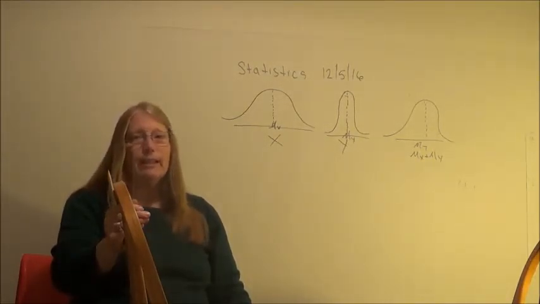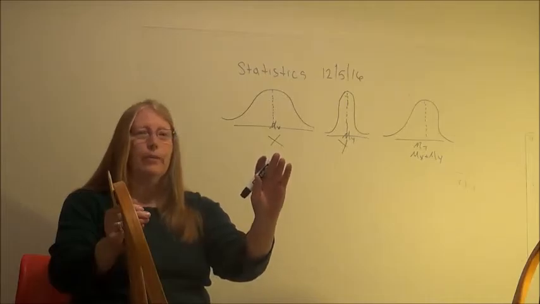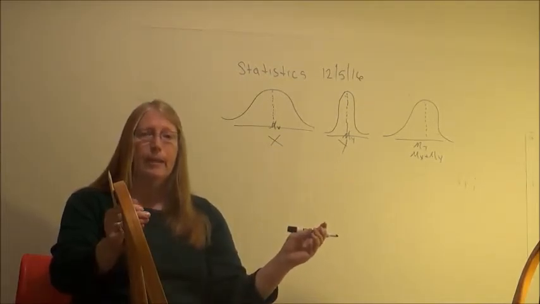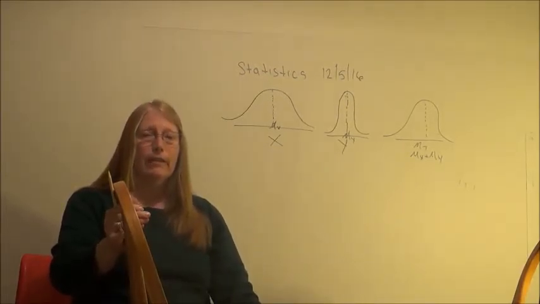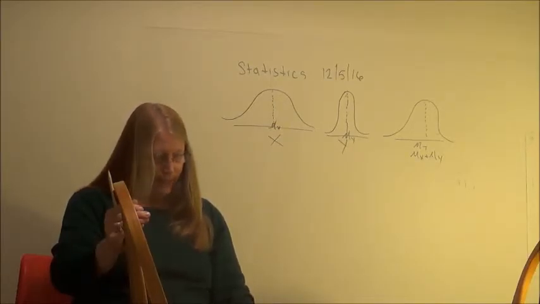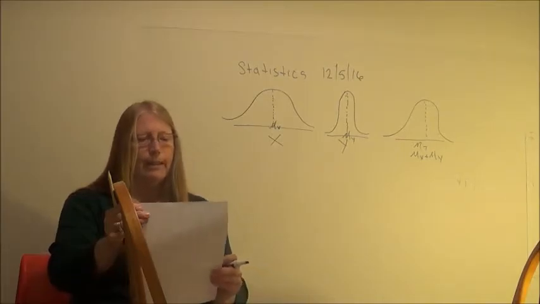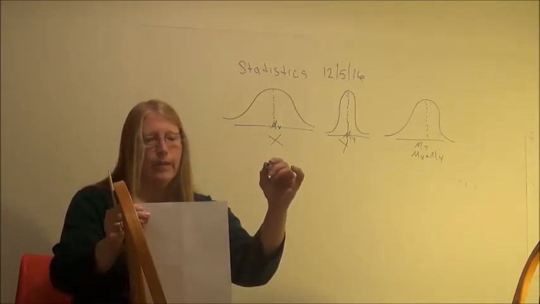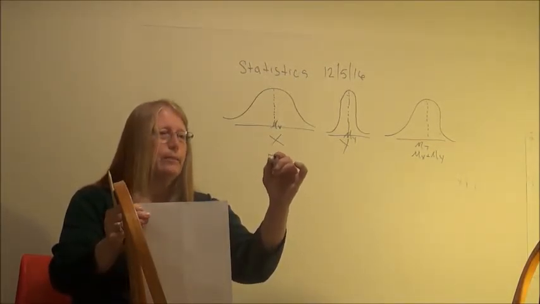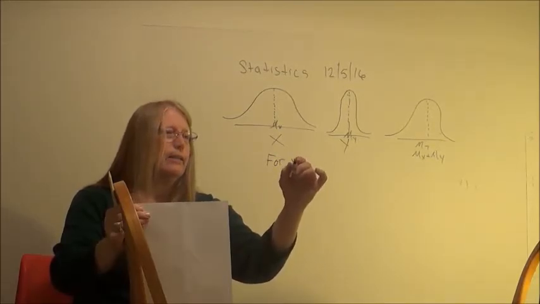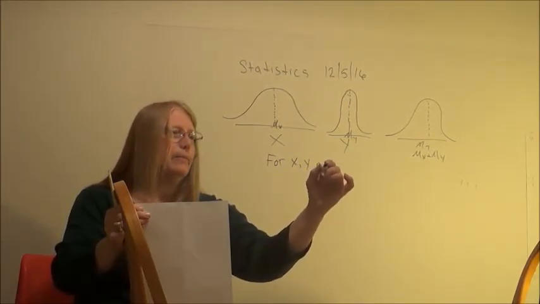So we don't have to see the data or plot it. We know if we start with two normal curves and add them, the sum will also be a normal curve. So we can write this for x and y normal.